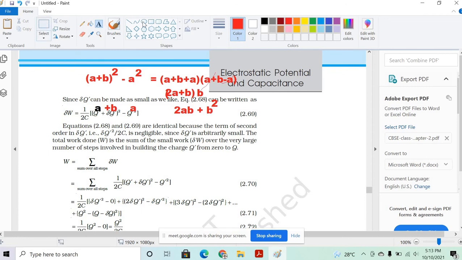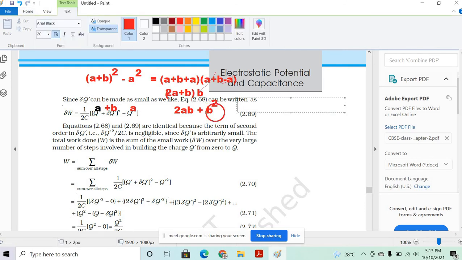Now this delta q square, this delta q is very, very small. This delta q is infinitesimally small, correct? Yes, sir. So it can be neglected. Did you understand?